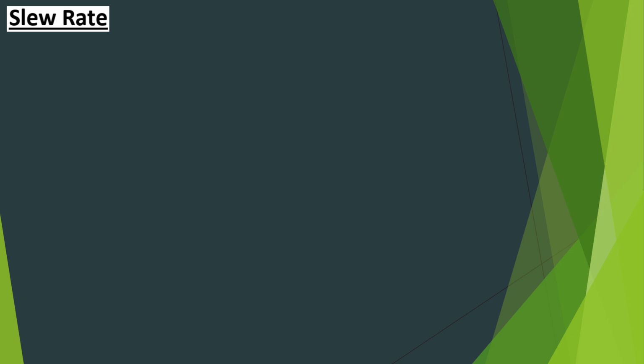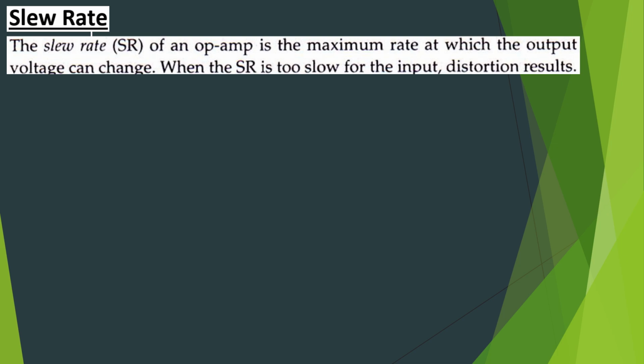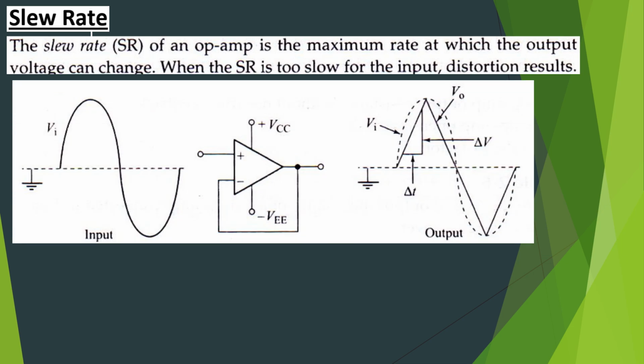The next parameter is slew rate, SR. The slew rate, SR of an operational amplifier is the maximum rate at which the output voltage can change. When the SR is too slow for the input, distortion results. So you can see we have a voltage follower and VA is the input signal.